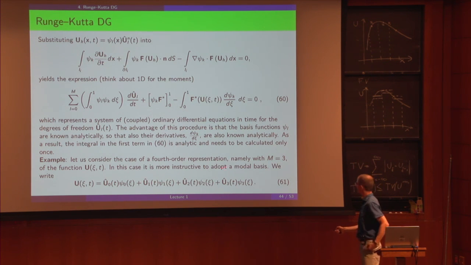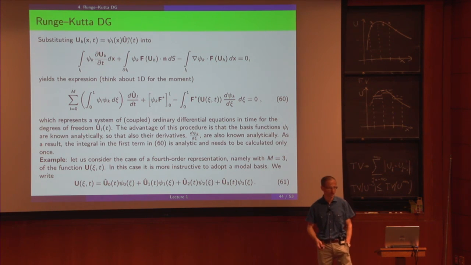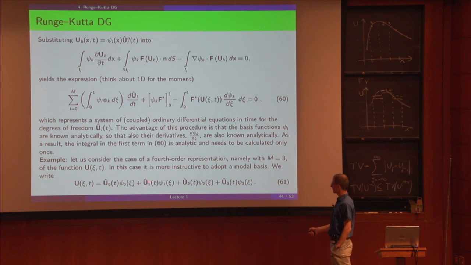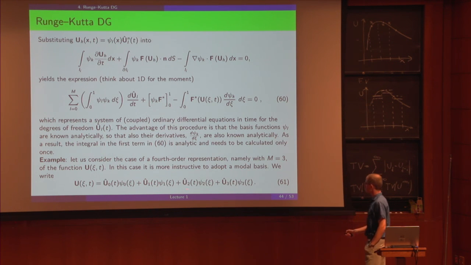Let's do an example. We fix m equals 3, so cubic. And let's use a modal basis for the moment. It's pedagogically instructive. So we use a modal basis, and we write u as û_0 C_0 plus û_1 C_1, plus û_2, and so on.